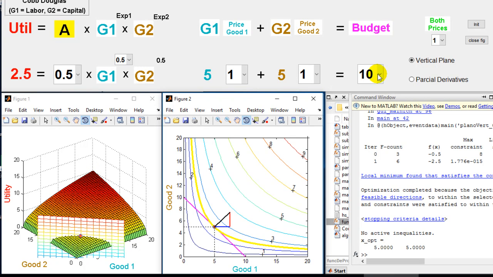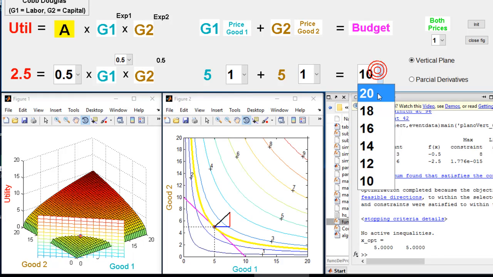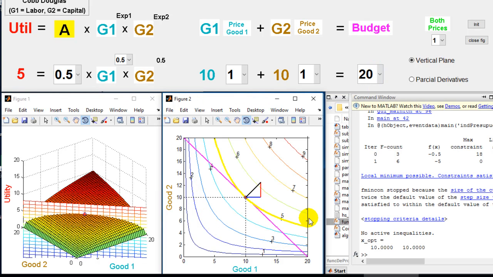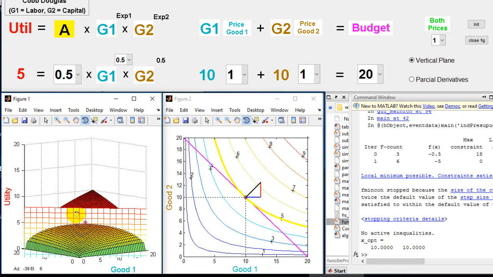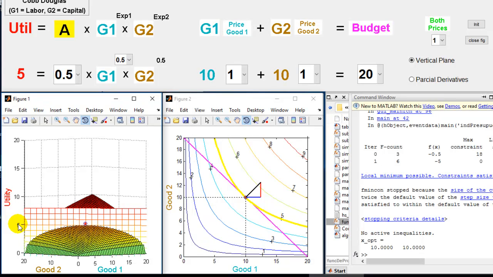The solution, instead of being 5, 5, is going to be 10, 10. So if we increase this to 20, then the wall passes through 20, 20, the solution is 10, 10, and when you evaluate 10, 10 here, you get 5, which is this value 5 here.